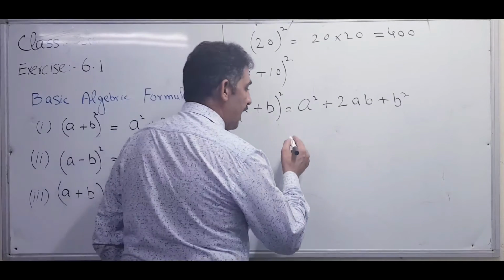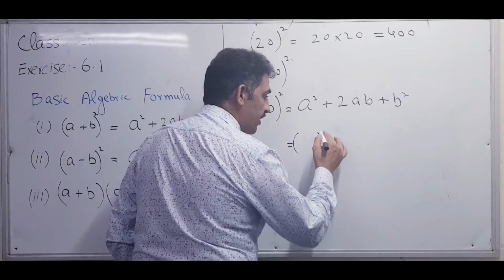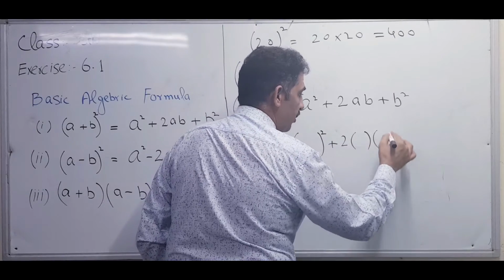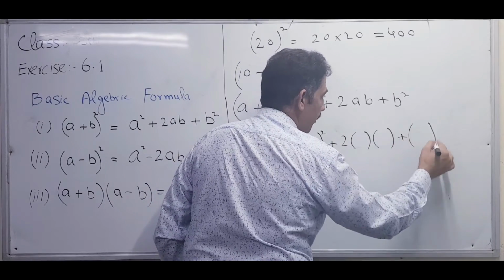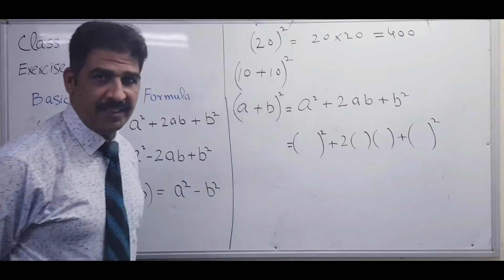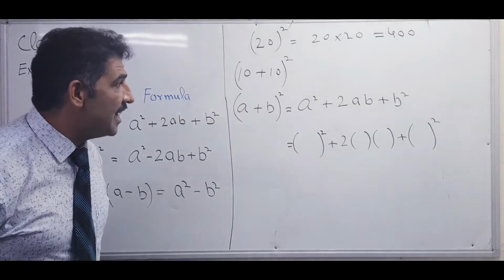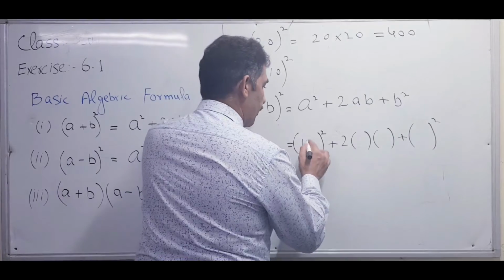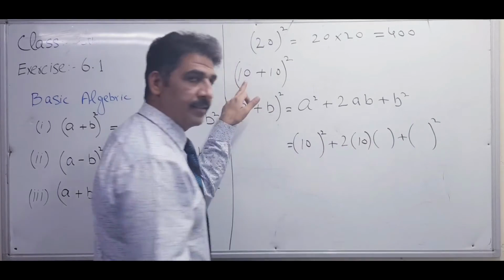So a square means the square of the first element, plus 2 into first element into second element, plus b square, the square of the second element. The first element here is 10, so write 10 in the first two brackets.